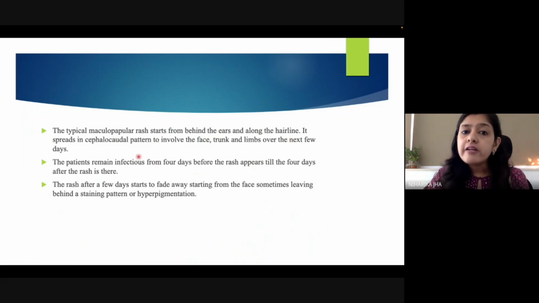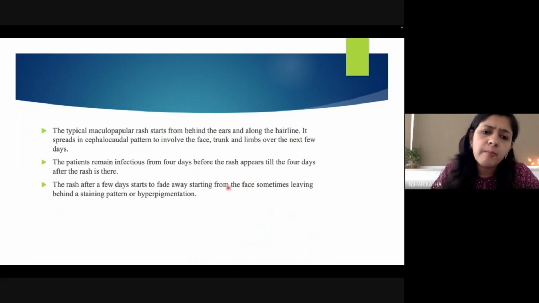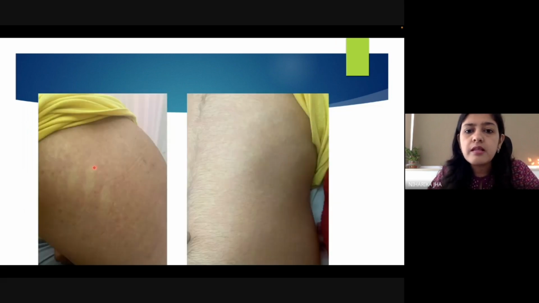Now, the infective period of the patient is basically 4 days before the appearance of the rash till 4 days after the appearance of the rash, and gradually it disappears, and it can leave behind a mild hyperpigmentation. So this is how the maculopapular rash of a patient of measles looks.